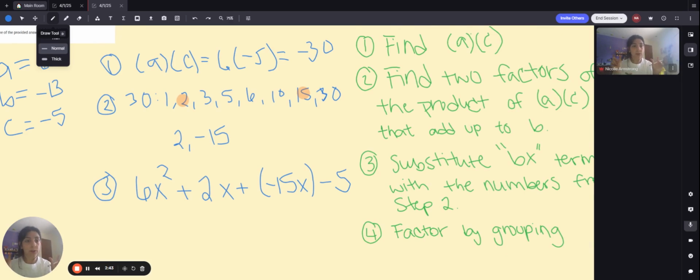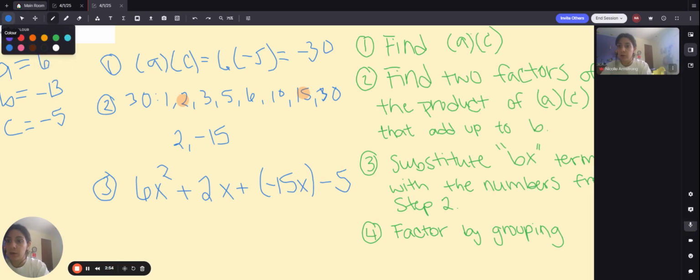So we're going to create two groups in this expression and then factor out the greatest term out of each expression. So taking 6x squared and 2x as our first group and negative 15x minus 5 as our second group.